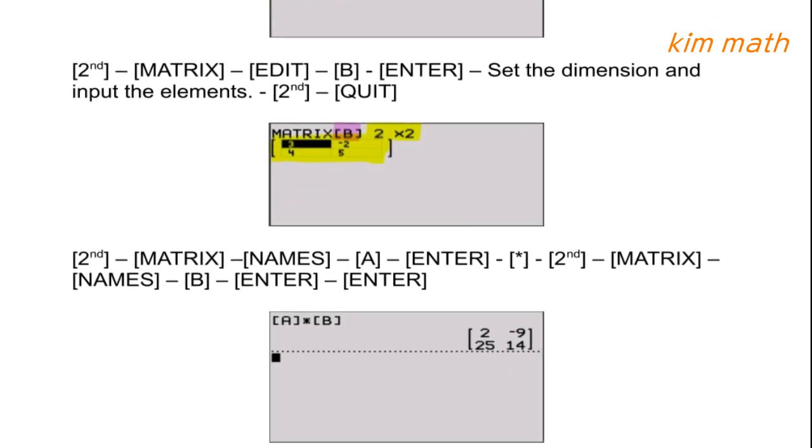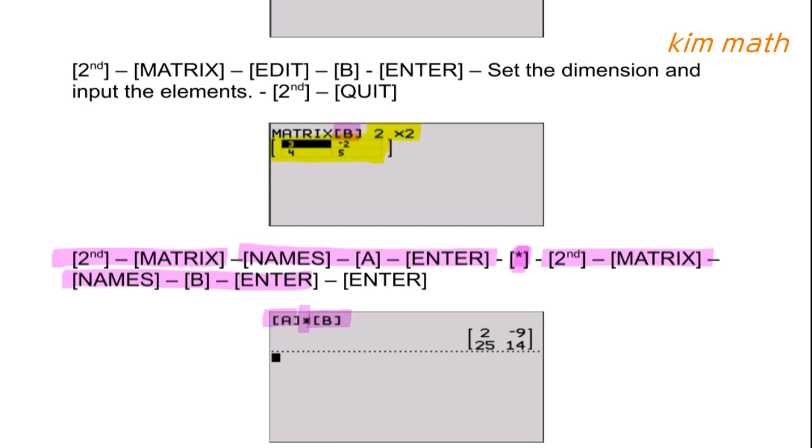After you input these two matrices with your calculator, you can multiply them. Call matrix, name A, enter, then you can see this. The multiplication key is on your keyboard here. Then call matrix again, name B, enter, and you see this screen.